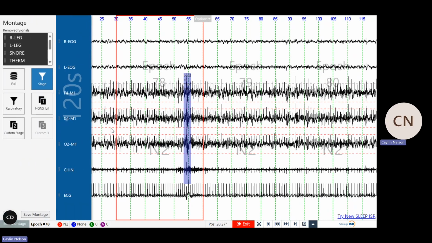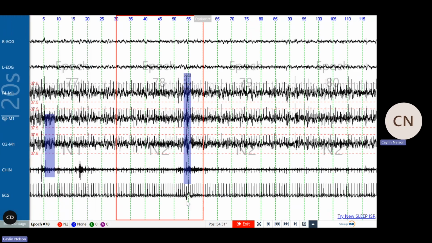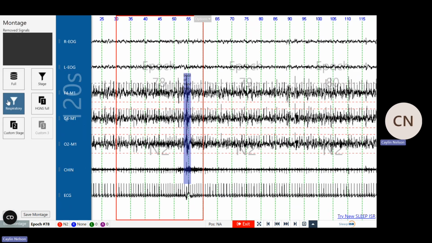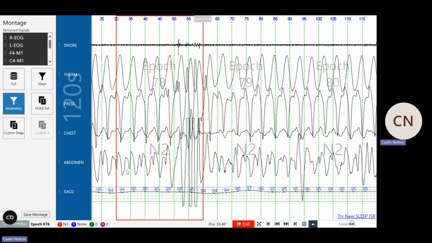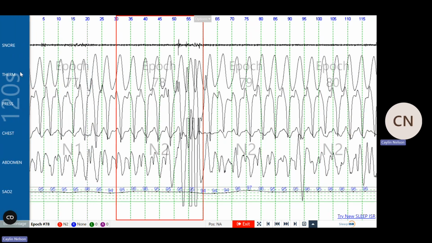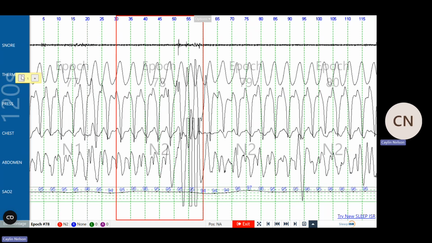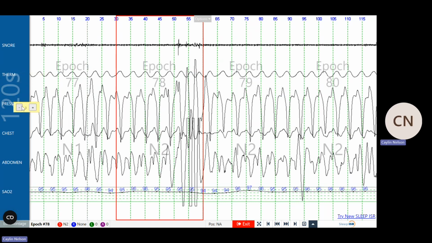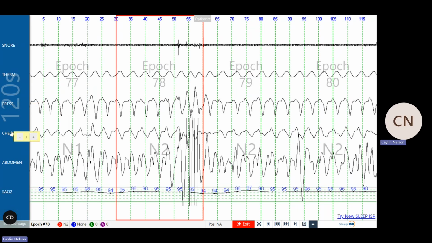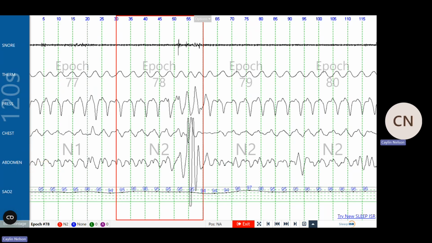So remember, with arousals, you're going to want a shift in frequency. Typically it's going to be a faster frequency, so your alpha or beta activity. You're going to want to see that shift in frequency for a minimum of 3 seconds. So remember, minimum of 3 seconds. That burst of muscle activity that we had was about 2.5. So that necessarily didn't qualify as an arousal, but it did cause some changes. So we made a note of that.